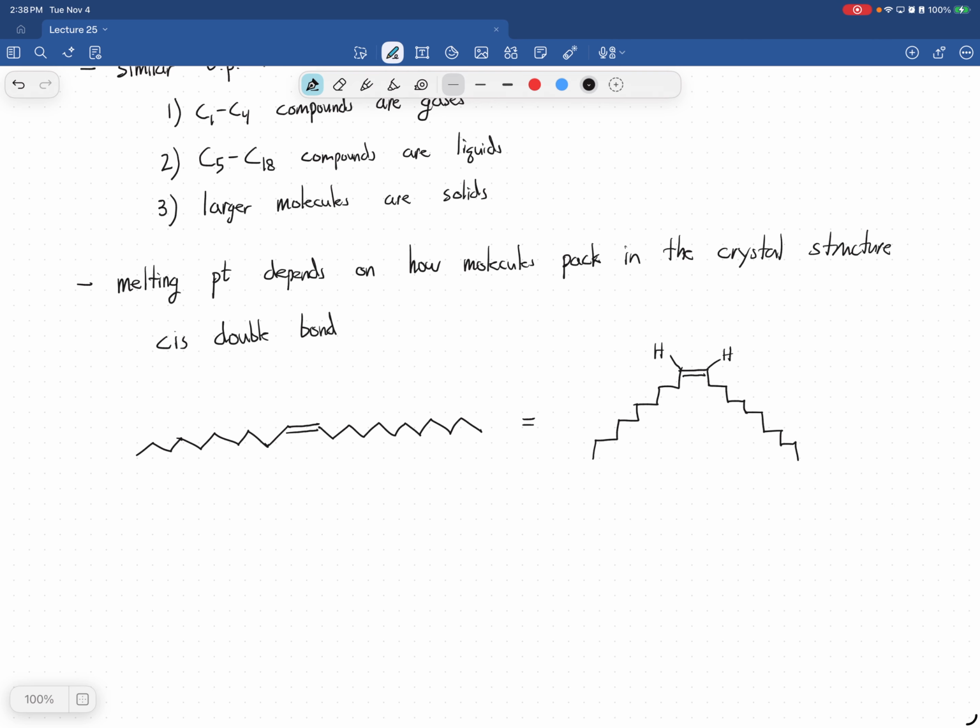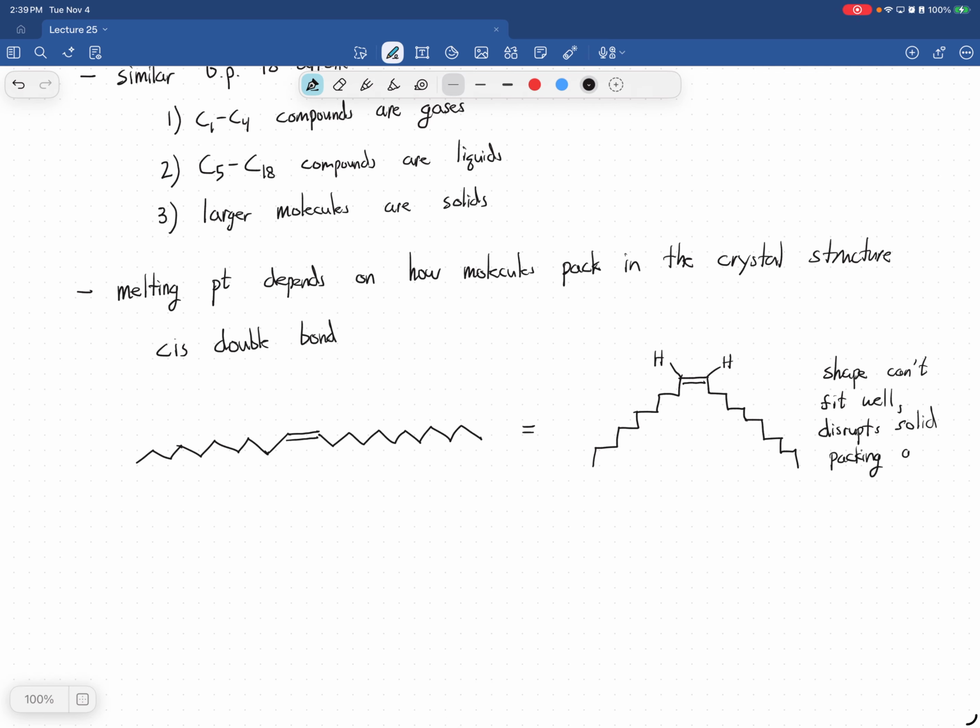So if you imagine two of these molecules approaching, the shape can't fit well in a solid state. All right. So this will disrupt the packing. So it disrupts solid packing and reduces the melting point.